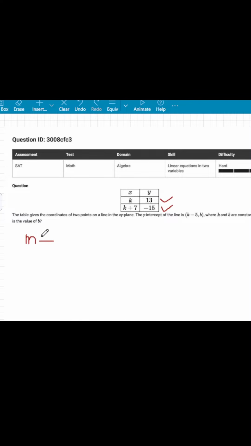m is equal to y2 minus y1 by x2 minus x1. Suppose this is the second point, y2 is minus 15. So it will be minus 15 minus 13, divided by k plus 7 minus k.